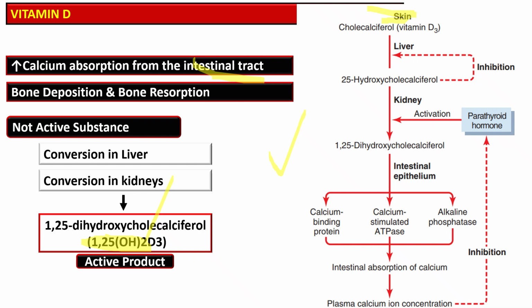It also supports the renal calcium reabsorption. The kidney's activation step is tightly regulated by parathyroid hormone that enhances the activation in response to low calcium, while calcium and phosphate levels, if high, inhibit the calcitriol formation.